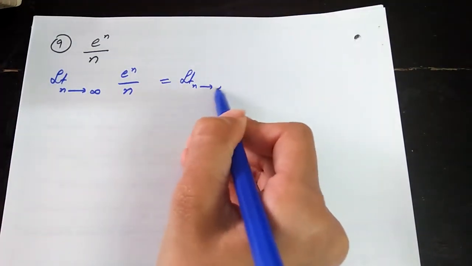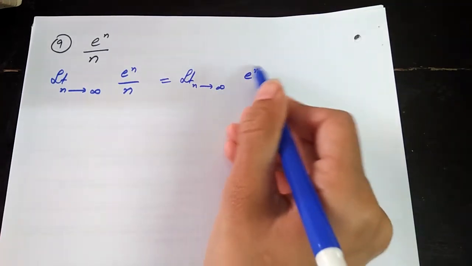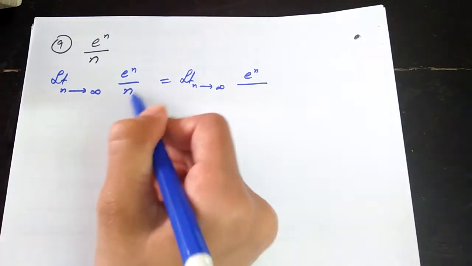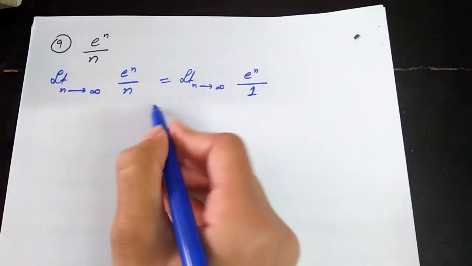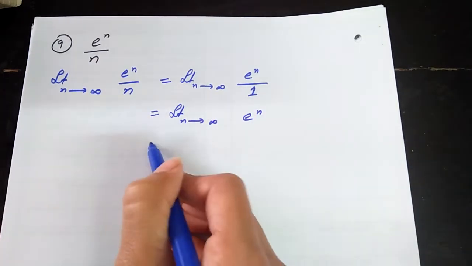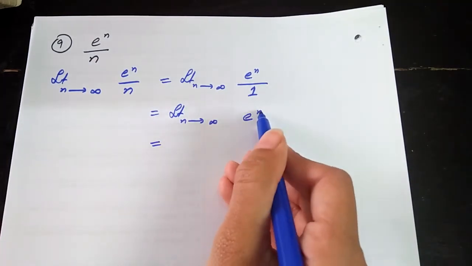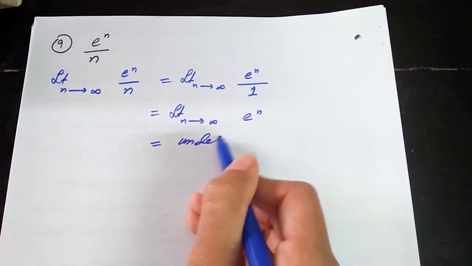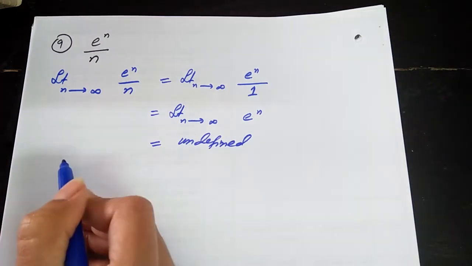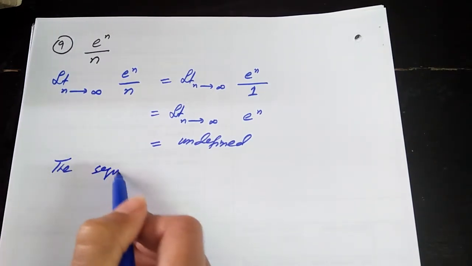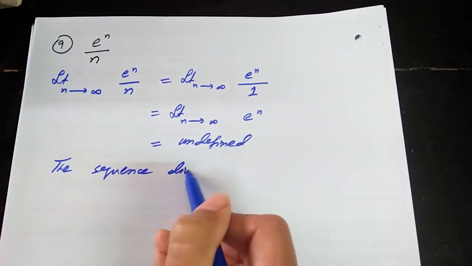The limit becomes e raised to power n as it is, since its derivative is itself, and the derivative of n is 1. So it became the limit as n approaches infinity of e raised to power n. Now if I apply the limit here, e raised to power infinity gives you an undefined answer. So it means your sequence diverges.